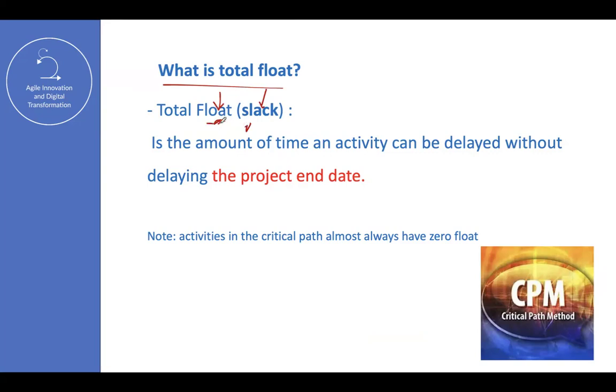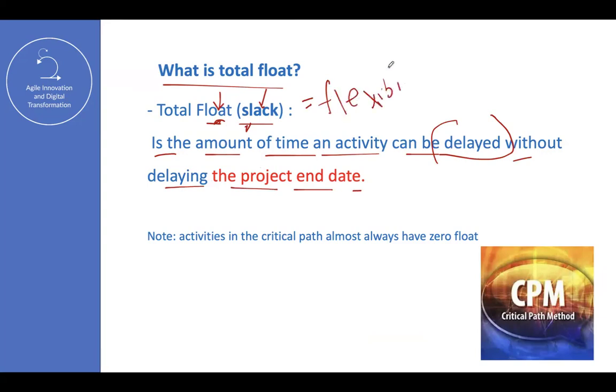The float or slack of an activity is the amount of time an activity can be delayed without delaying the project end date. Meaning that the float is like a flexibility. So you can say, I can delay this activity 2 days because we have 2 days of float.